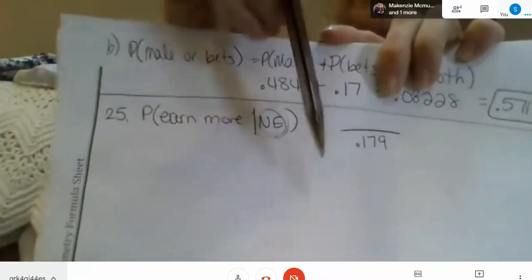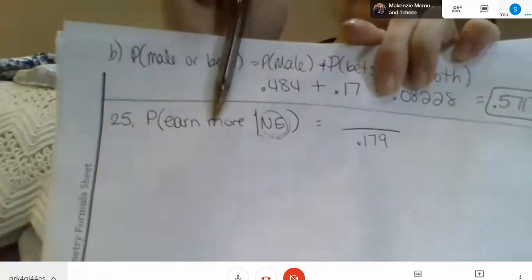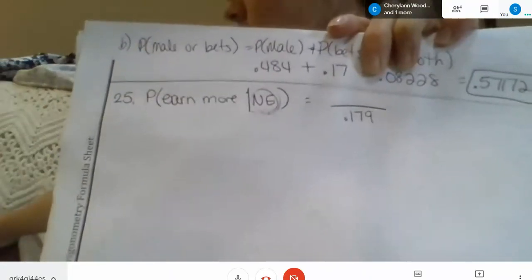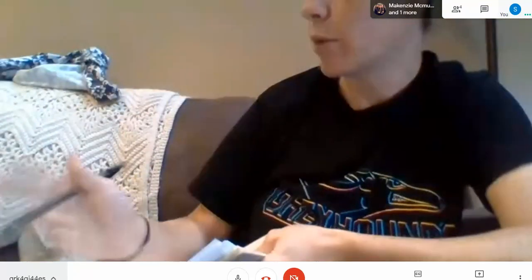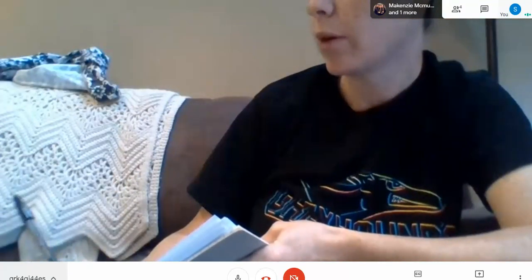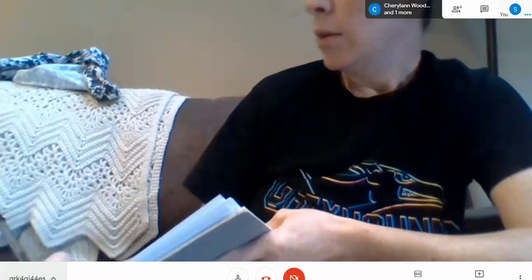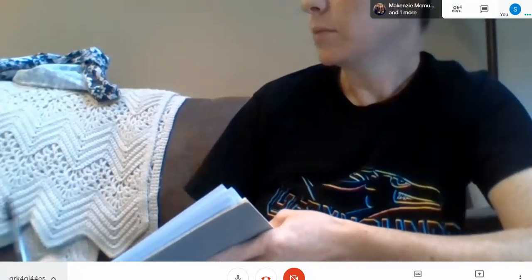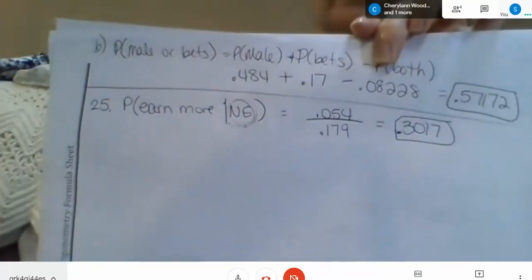My numerator is, out of those in the Northeast, how many earn more than $100,000? That set was 5.4%, so 0.054. Then we divide those, and we get 0.3017.